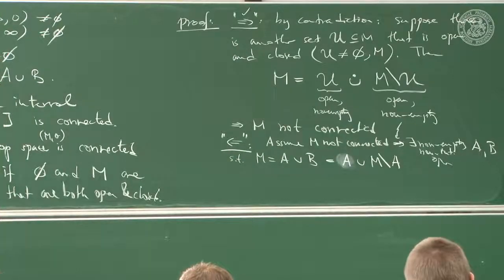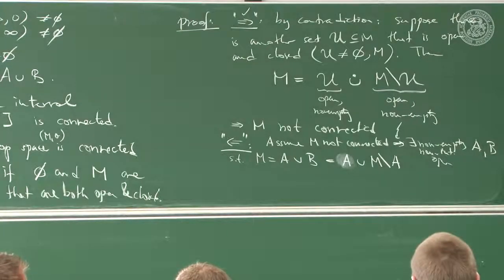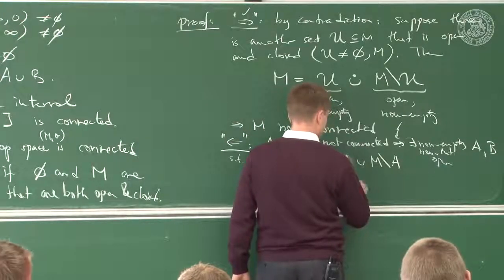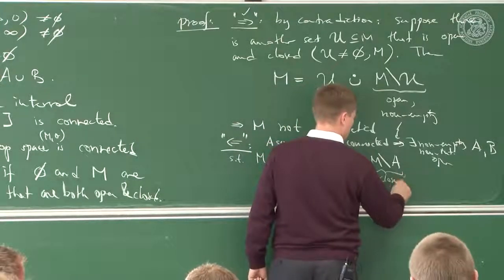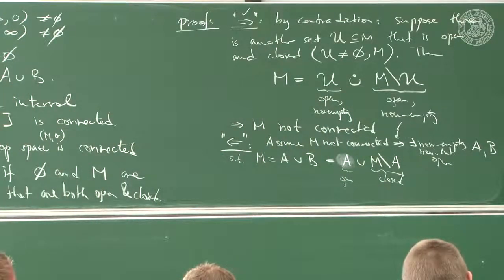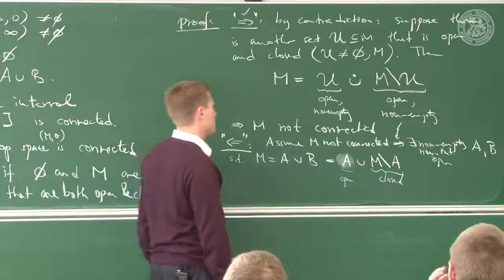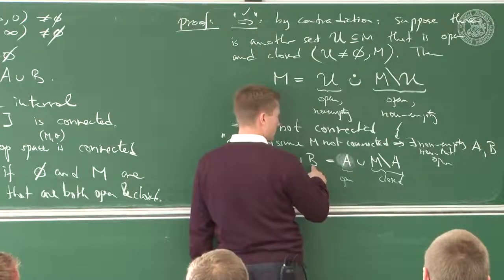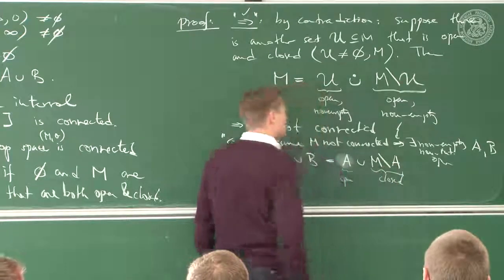So we wanted to show that there's another set. So now A is open, hence M without A is closed. Aha. But because A is non-empty and B is also non-empty, A cannot be the entire set.